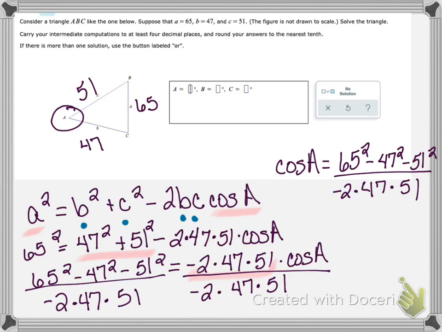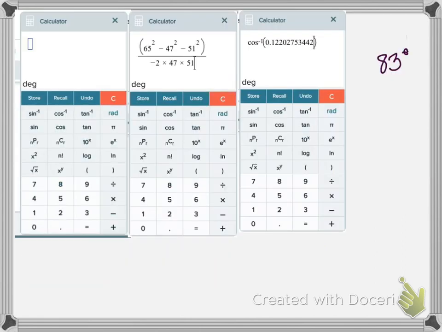Okay, so now that we have solved for the cosine of A, I want to talk a little bit about keystrokes on your calculator. Now, when you take your final, you'll have access to your calculator. You will have access to the calculator inside of ALEC. You can also have access to whatever calculator of your choosing.